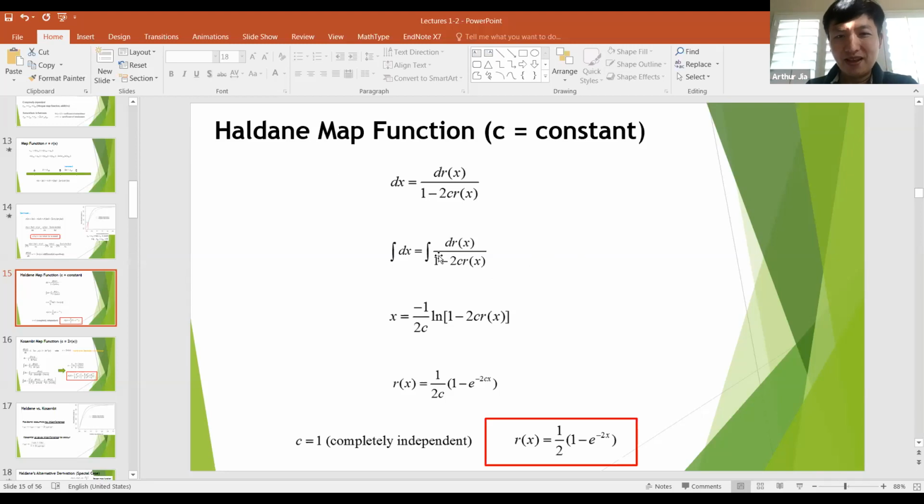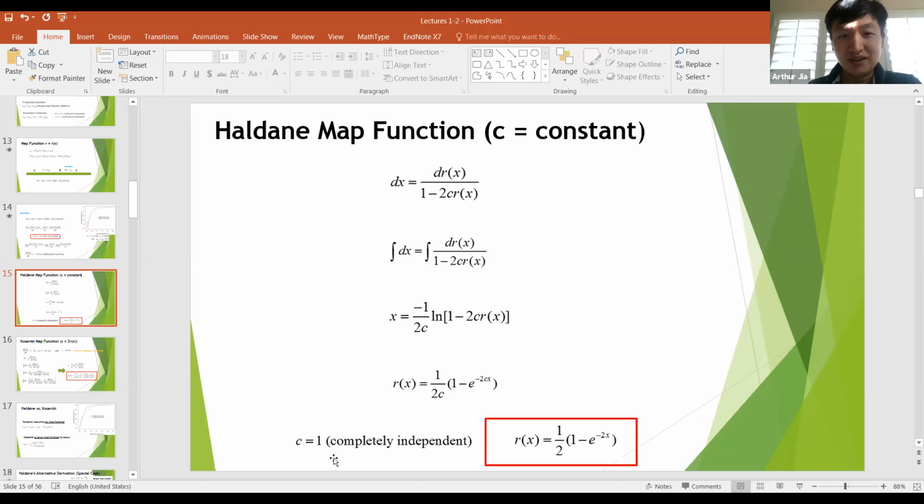Since you do not have any questions about this, which is good, it means we are okay with this one. In the Haldane function, we assume C equals 1. C is the coincidence coefficient.